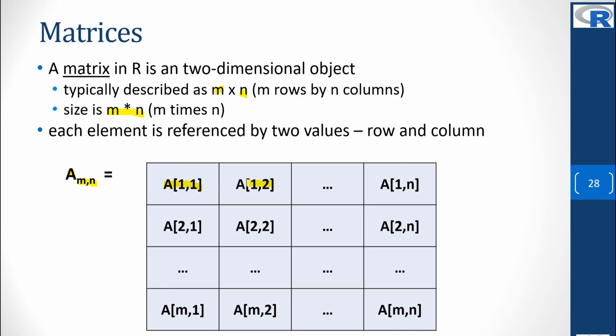Second one is [1, 2]. That's row 1 going across the top, column 2. And then all the way up to the number of columns, A[1, n]. And then moving down, second row, first column, second row, last column, all the way down to the bottom right where you have last row, last column for those elements.